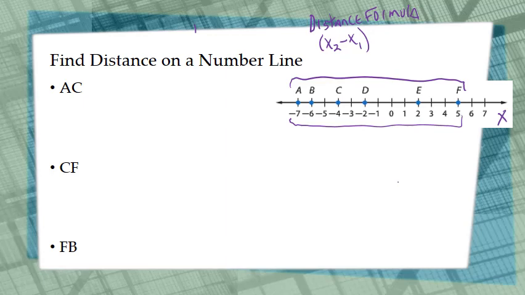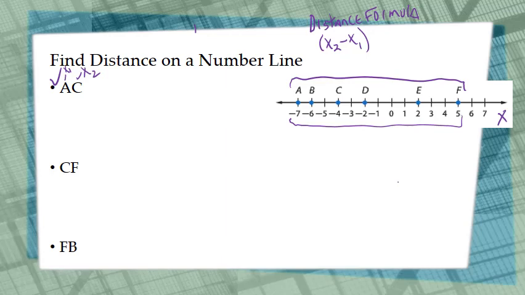All right, so let's first start here. We're asked to find the distance of AC. Well, I always like to identify this A in this case as x1 and C as x2. Makes sense, first and second points on the number line.